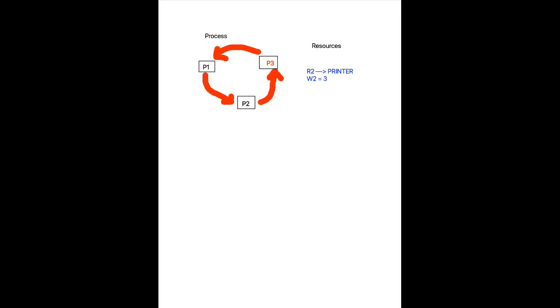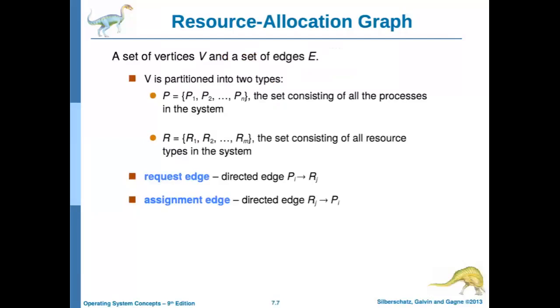Again, don't get confused here with m. Here there are n processes and there are m resource types, R1, R2 up to Rm. Now there are two types of edges. One is called the request edge and one is called the assignment edge.